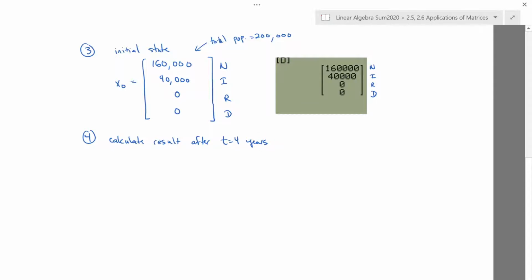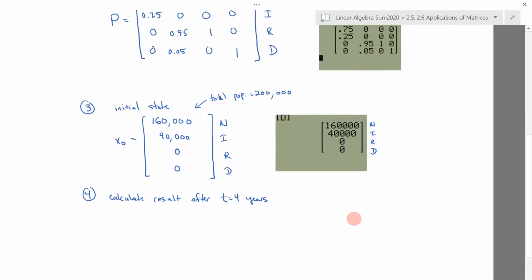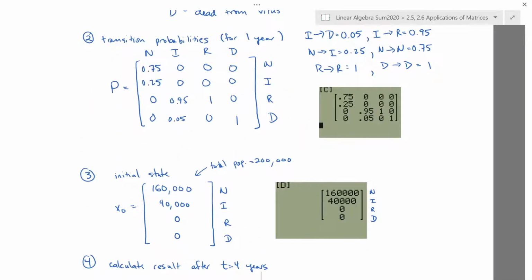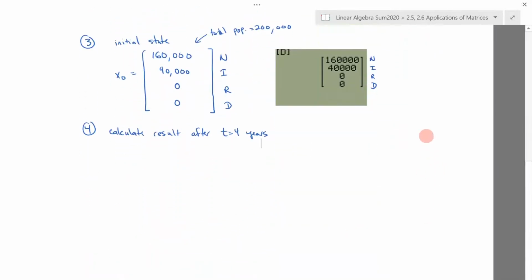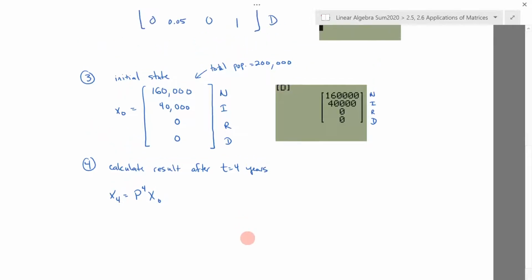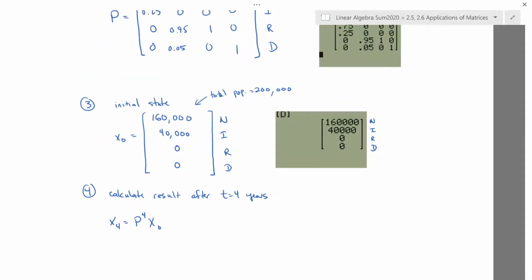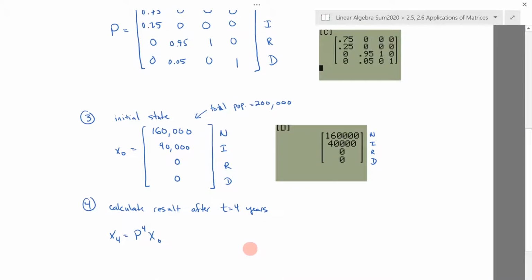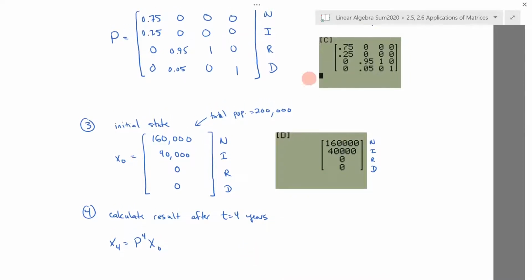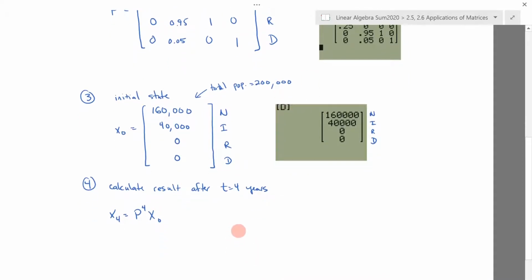Okay, so each transition represents 1 year, right? So I'll have to transition 4 times, right? So x4 will be P to the 4th times x0. So in my calculator, that's C and D, right?